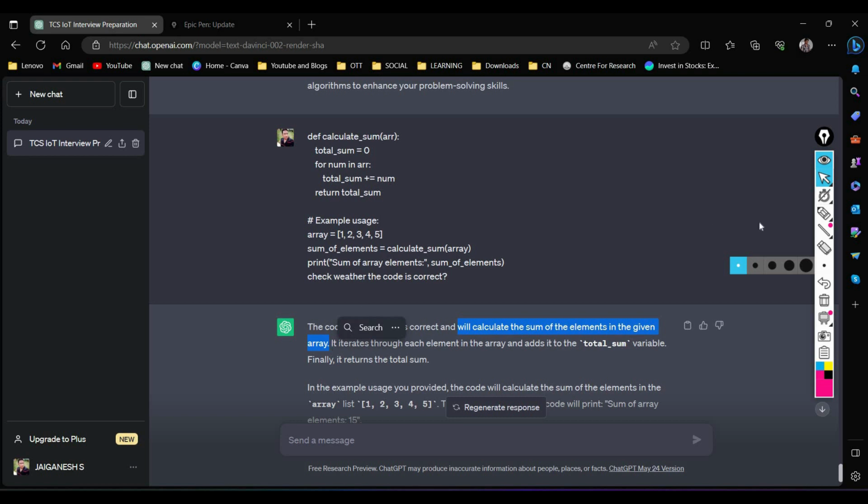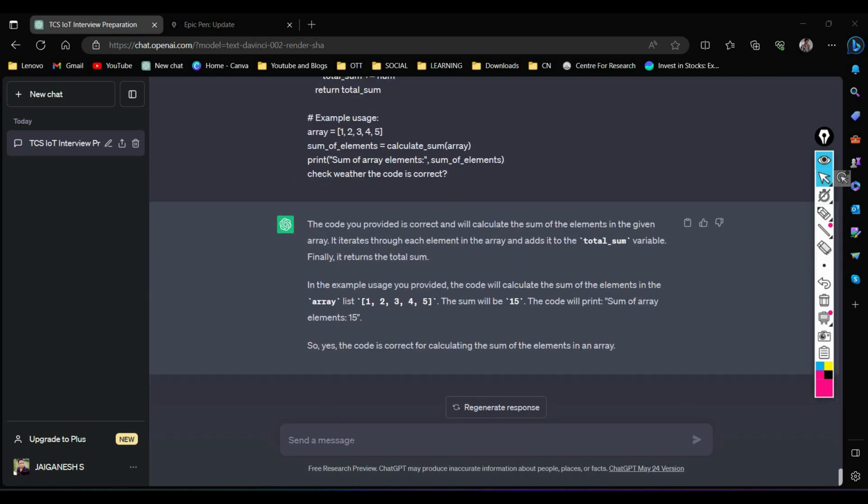So now I have ChatGPT evaluate my code, and it tells me whether my code is right or wrong. And you can also ask ChatGPT if there are any other methods by which you can optimize your code.